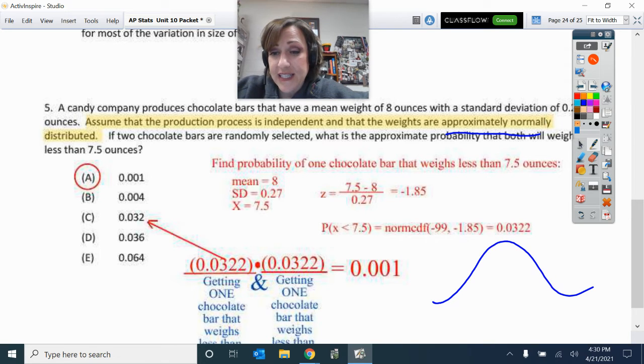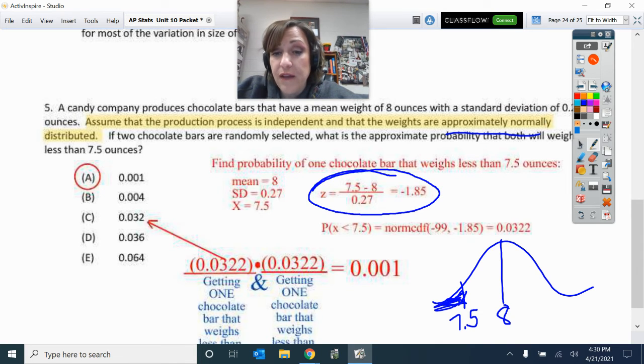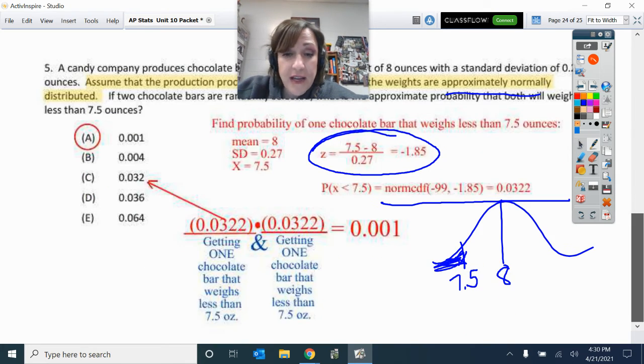So what I first did is I said, oh, the mean is 8. Well, let's find the probability that one bar is less than 7.5 ounces. So that's what I did first. I just did like chapter 6 from October. I did normal model math where I'd get my z-score, x minus the mean over the standard deviation, and then I norm CDF'd that lower area. And so that gave me that there.